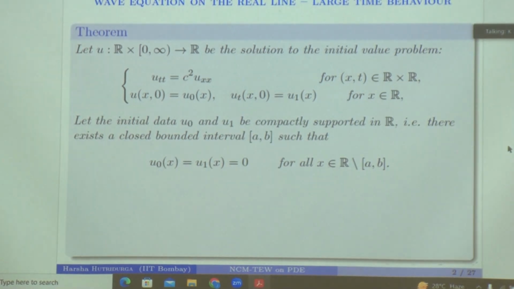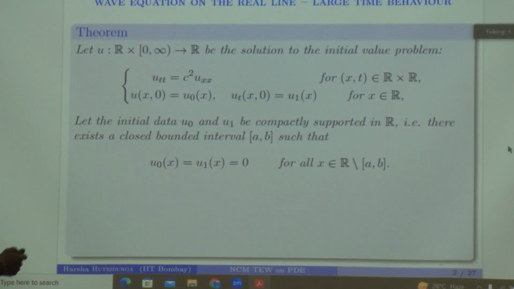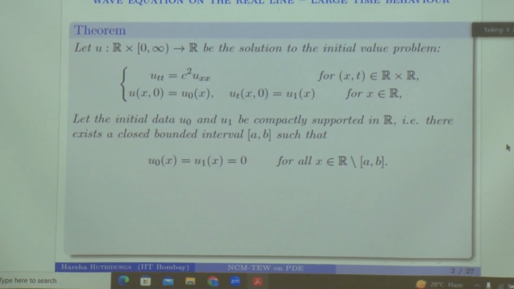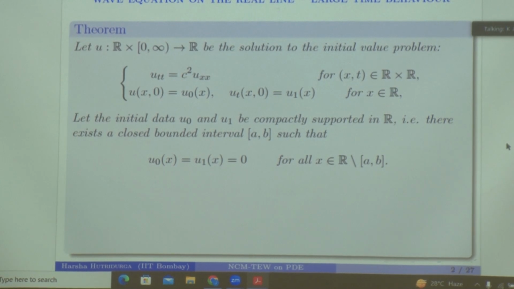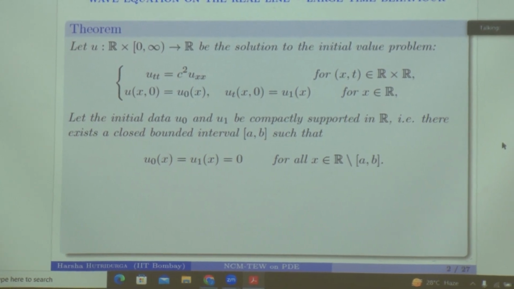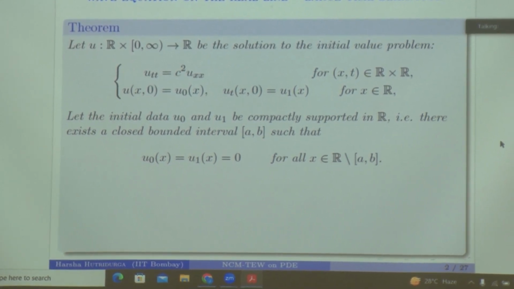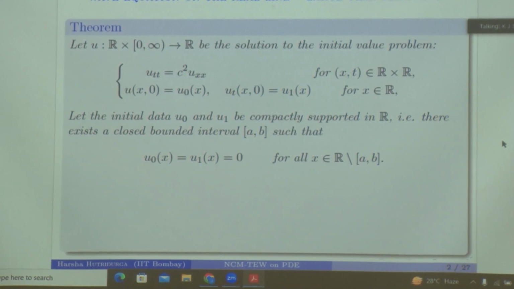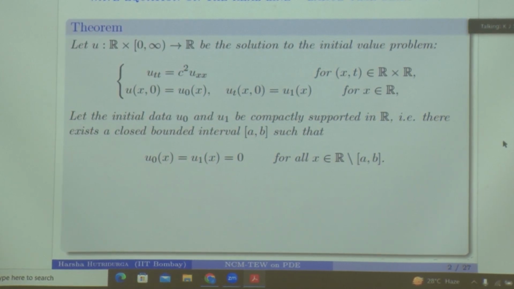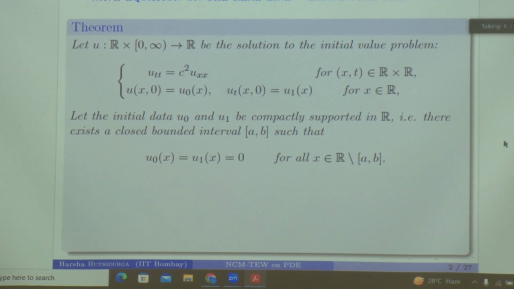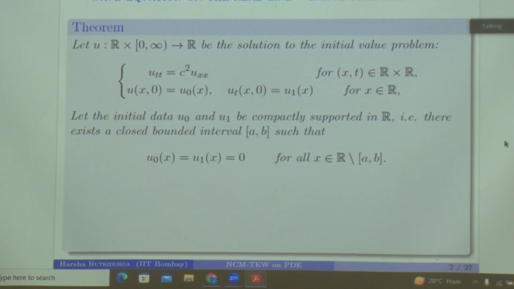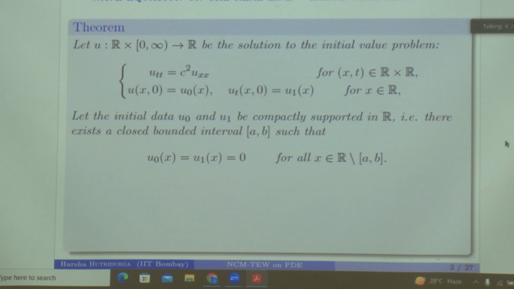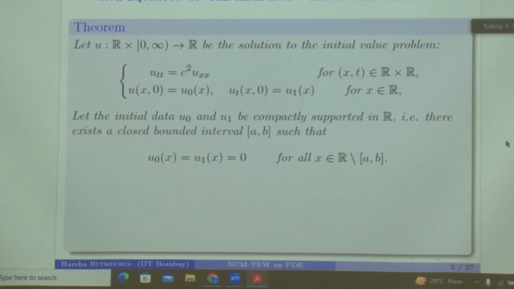So we are going to make the assumption that both u0 and u1 are compactly supported. This is the standard assumption that we have been making, that both these functions are 0 outside an interval. So suppose this is the real line, and let us take an interval AB.